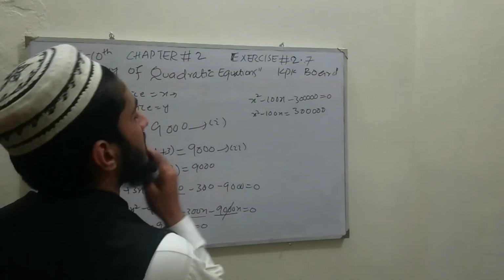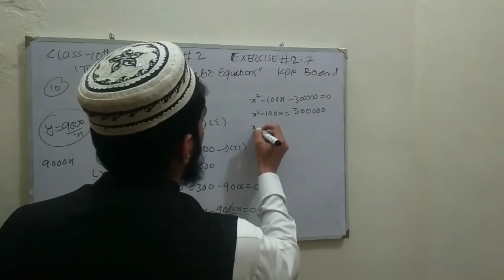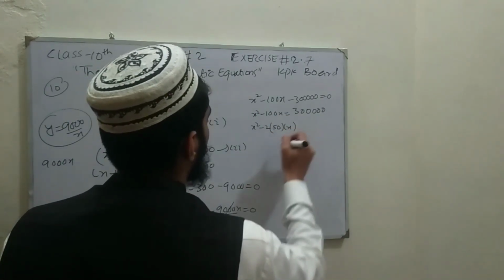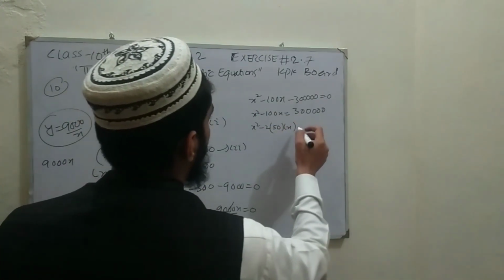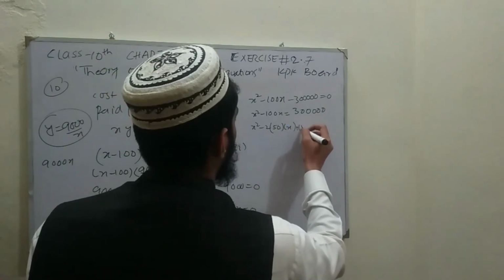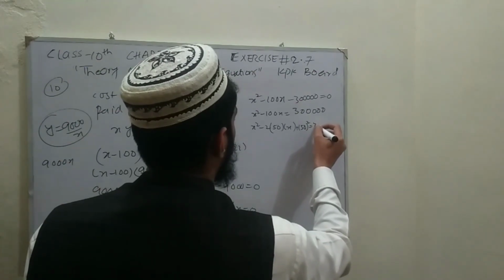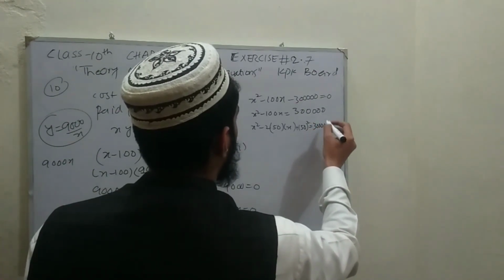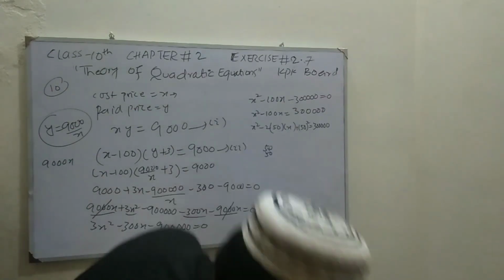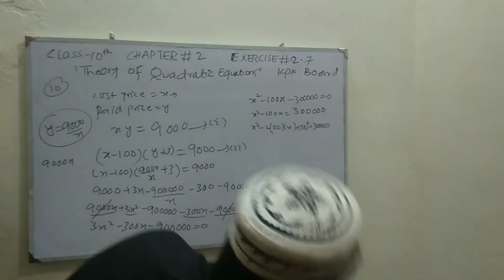Using the perfect square formula here, so x square minus 2 times x times 50, and it's because if we multiply 50 with 2, it gives us 100x again. Adding the same 50 square on both sides, so 50 whole square is equal to 300,000 plus 50 square, which gives us 2,500.